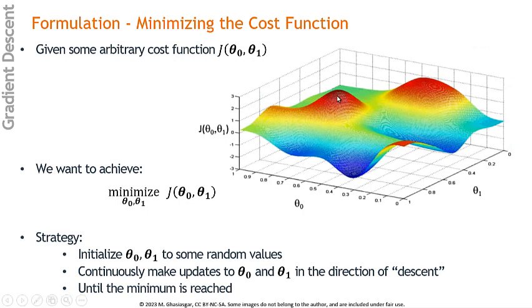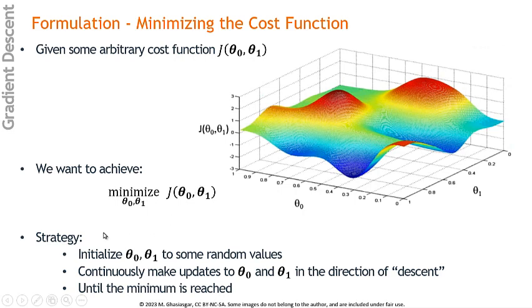Now, if I go in a fixed direction and I go downward, it may or may not continue to go downward. For instance, if I go downward in this direction, then I may end up going upward. So what you do is you go downward for a small distance and then you reevaluate, because the downward direction may change. Okay? So you go downward for a small distance, then reevaluate, then go downward again, then reevaluate, and so on.